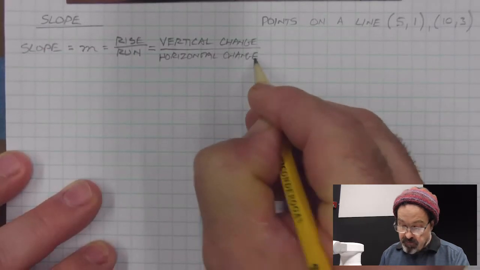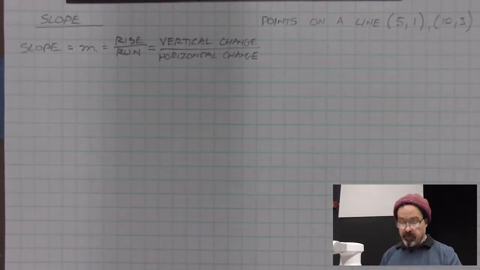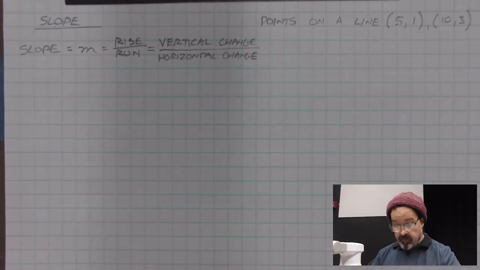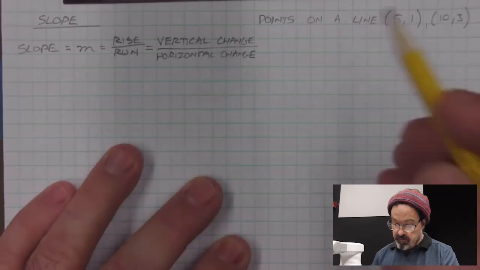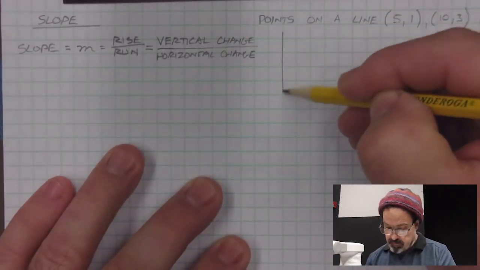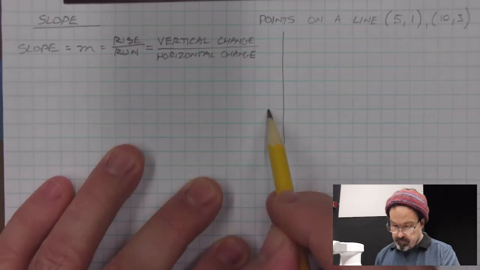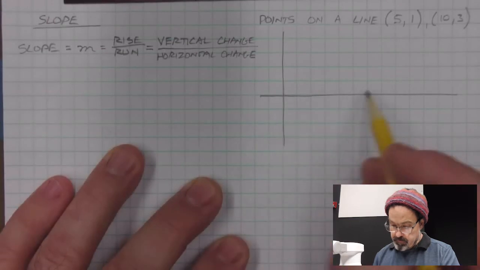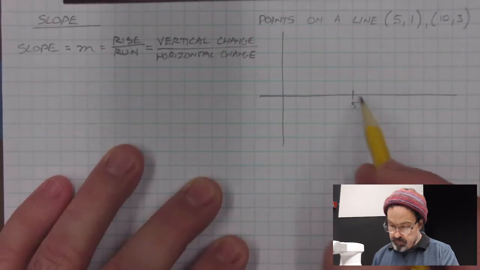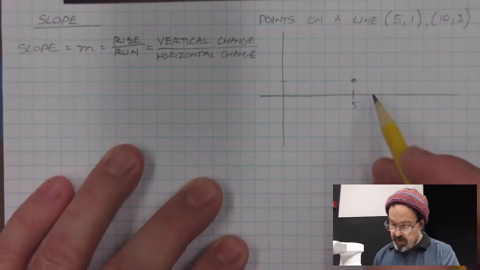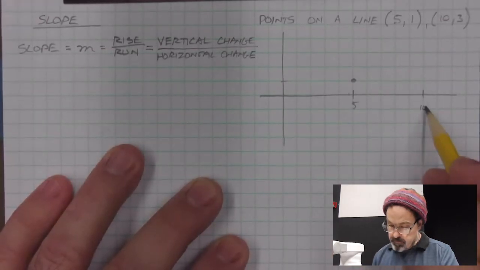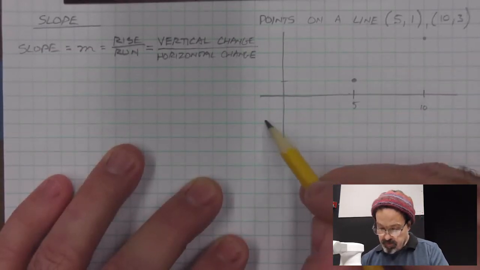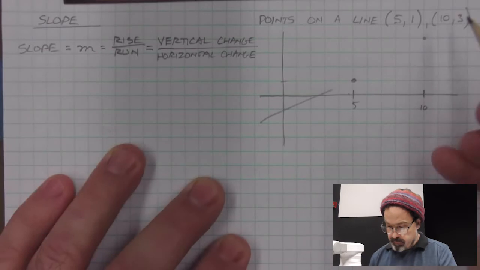To get an idea of what's changing, we'll have a concrete example of graphing 2 points on a line, so we have a line to look at. If we were to graph these points here, at 5,1 and 10,3, and then connect the points with a straight line.